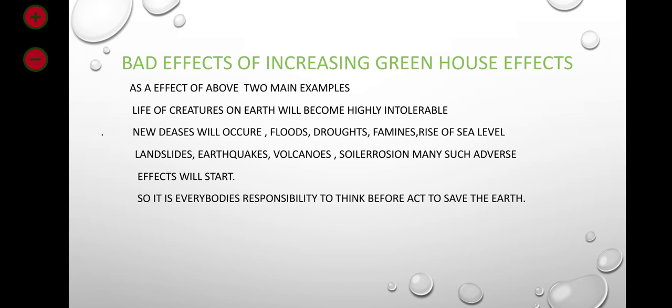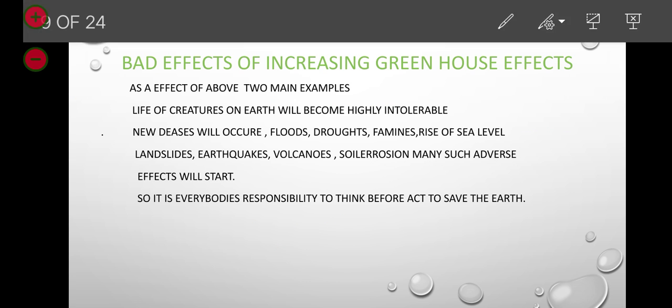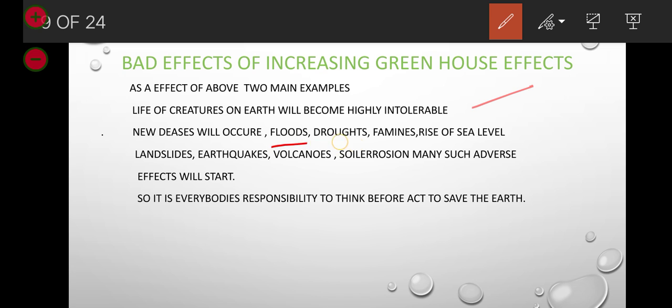As an effect of the above two main examples, life of creatures on the earth will become highly intolerable. New diseases will occur, floods, rise in sea level, landslides, earthquakes, volcanoes, soil erosion. Many such adverse effects will start. So it is everybody's responsibility to think before acting to save the earth.